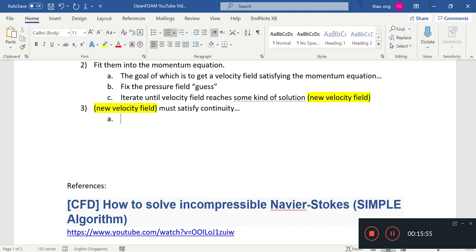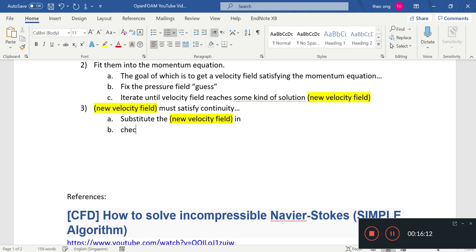So what do we do? Substitute the new velocity field in. That's the next step: check if the continuity equation is satisfied.